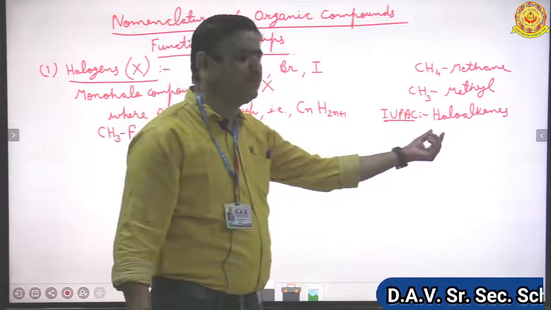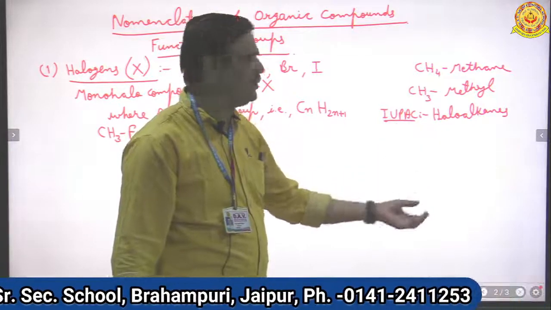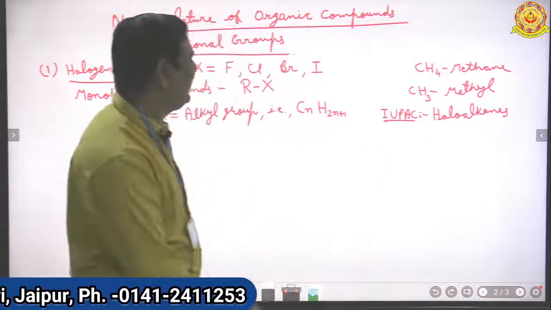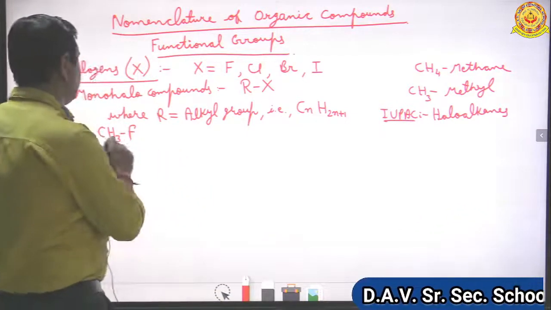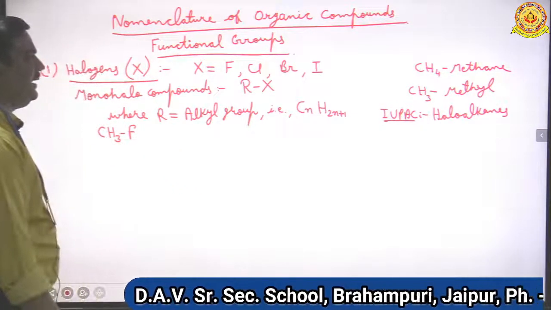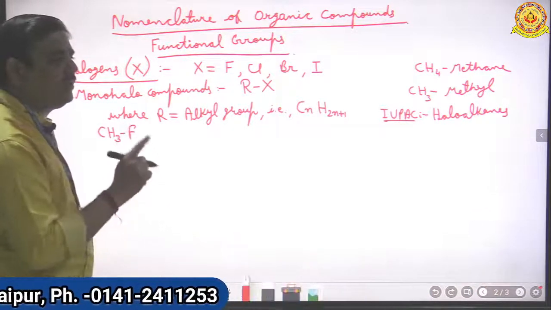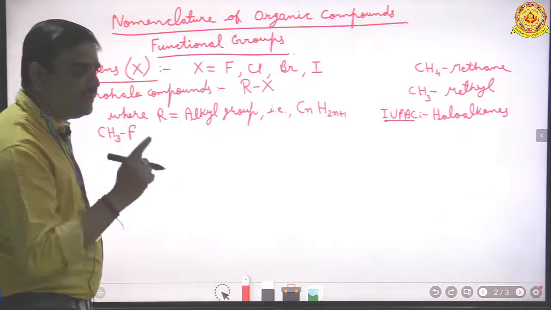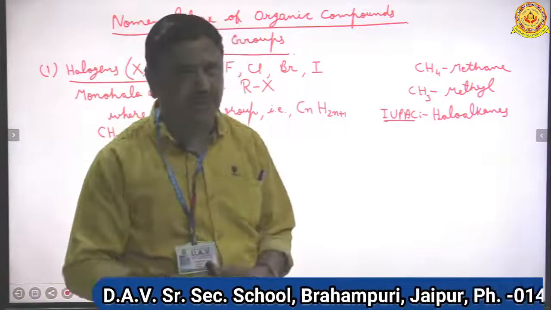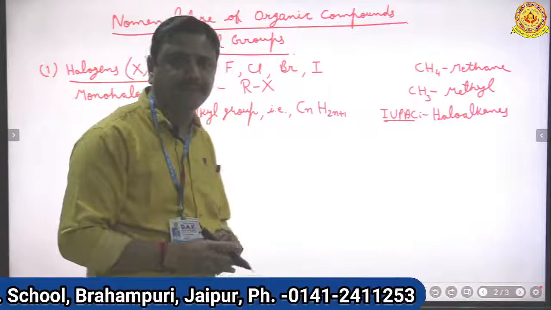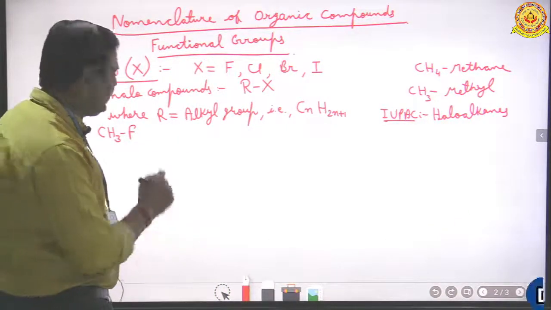Halo means halogen: fluoro, chloro, bromo or iodo, and alkane according to the number of carbon atoms in the compound. Always remember that halogens are always used in prefix. They are never used in suffix. So this halogen will be written in prefix.